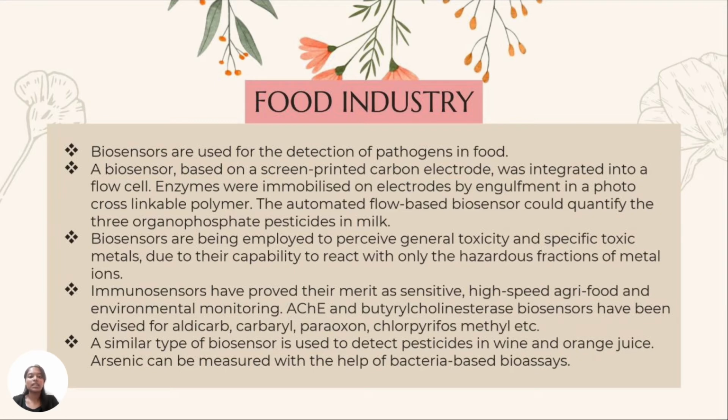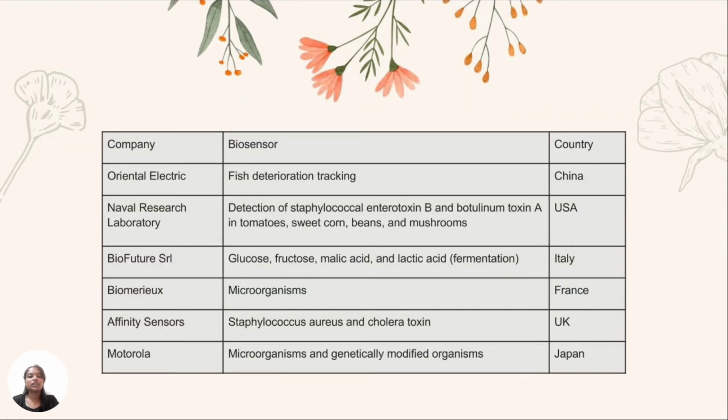Furthermore, biosensors are being employed to detect general toxicity and specific toxic metals in food due to their capability to react with only the hazardous fractions of metal ions. Biosensors are also used to detect pesticides in food. There is a type of biosensor that is used to detect pesticides in wine and orange juice with the help of bacteria-based bioassays. This slide shows a few commercial biosensors that are used in the food industry.